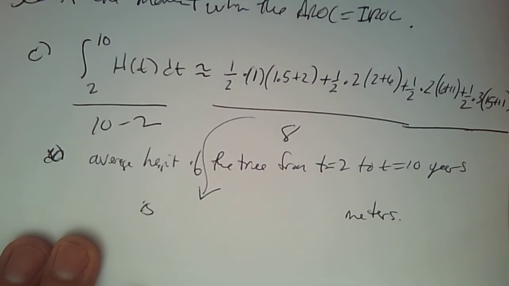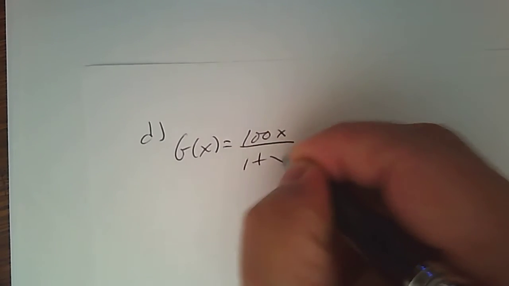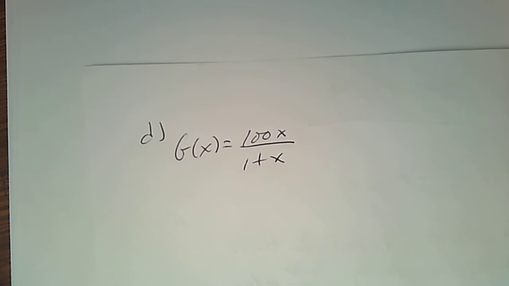All right, last part, part D. The height of the tree in meters can also be modeled by the function g. So you have g at x is 100x over 1 plus x, where x is the diameter.